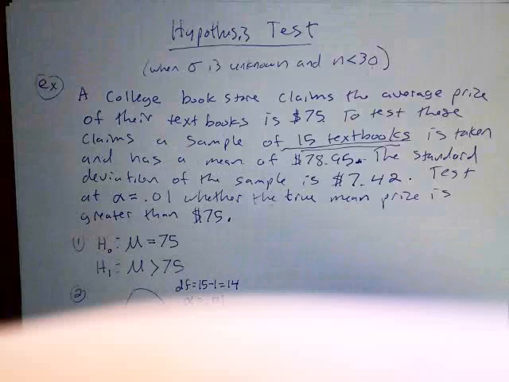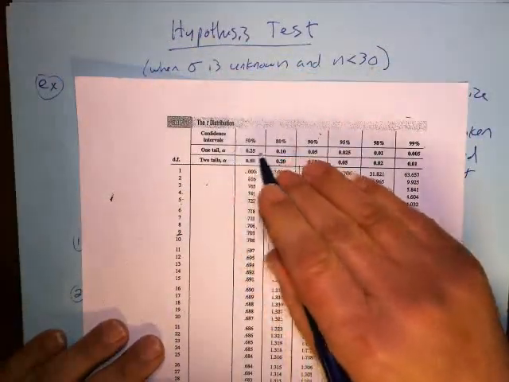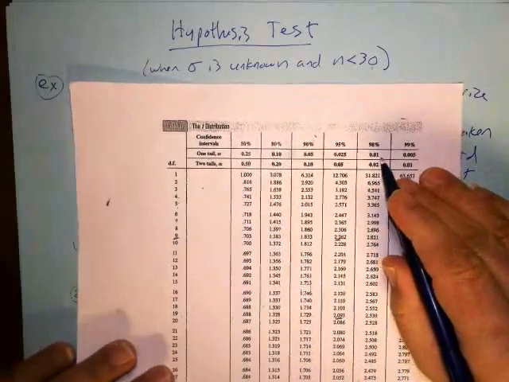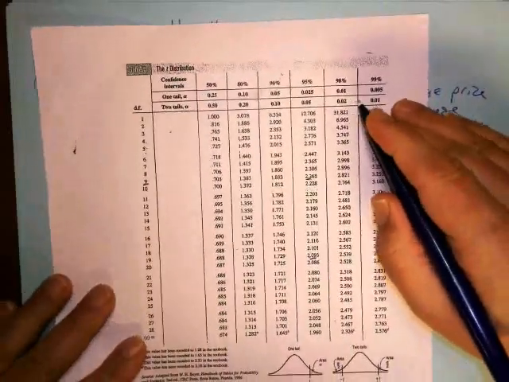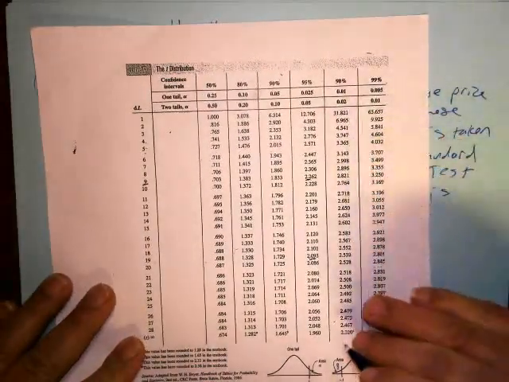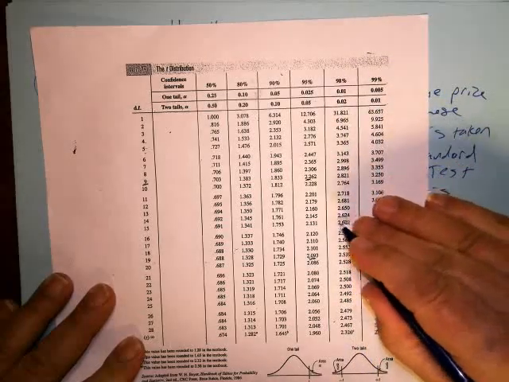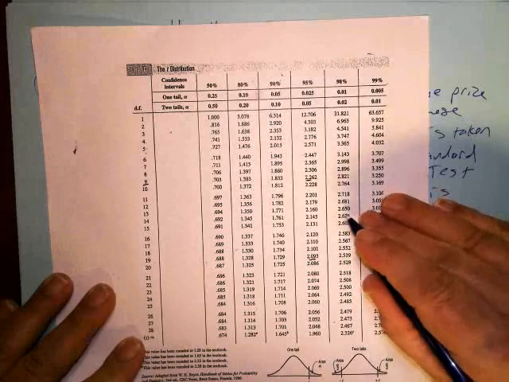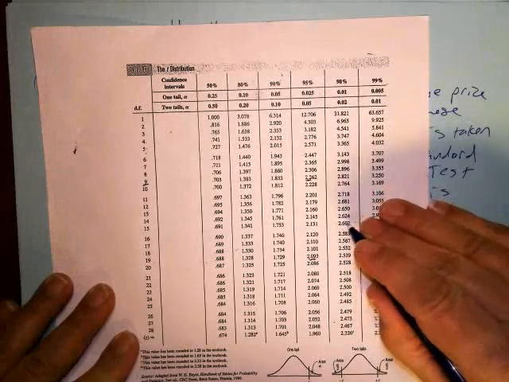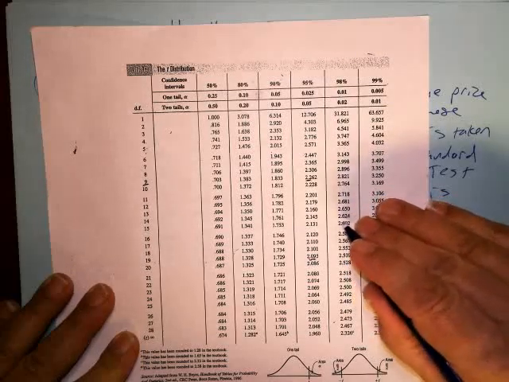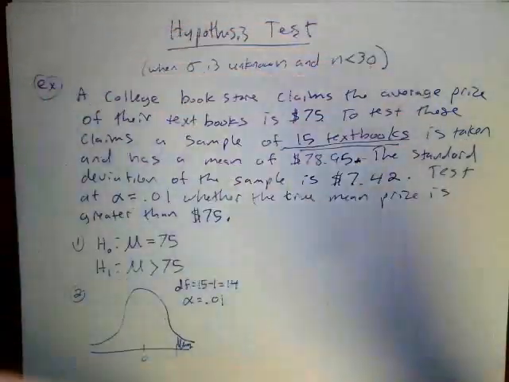I'm going to go to my t-table here. I'm going to do one-tailed alpha, 0.01, and then 14 degrees of freedom. So instead of going to the bottom, I'm going to go to 14, and I get this critical t-value. It's 2.624.